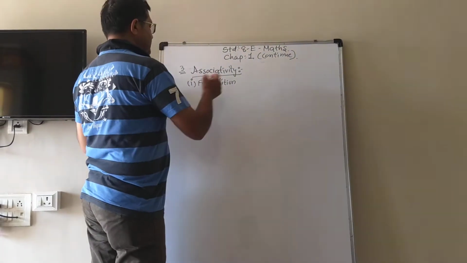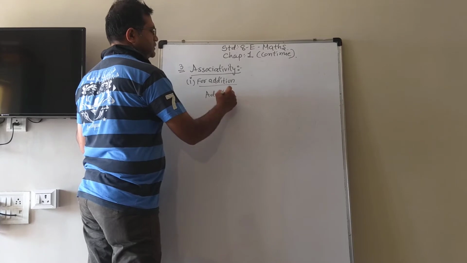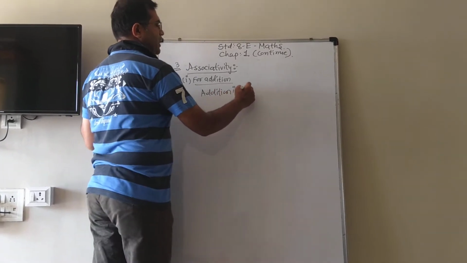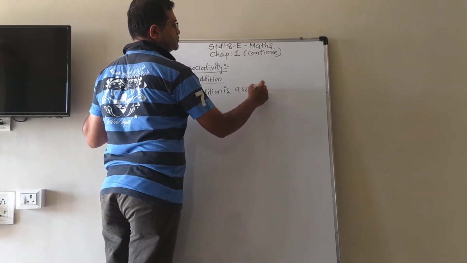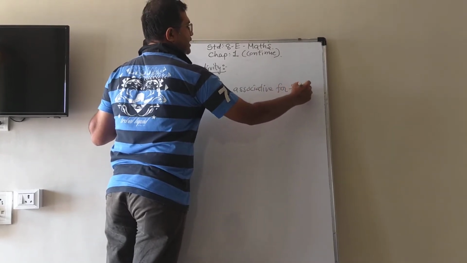So we can write down here that addition is associative for rational numbers.